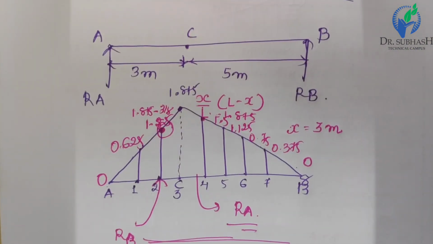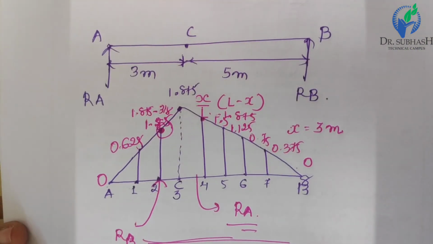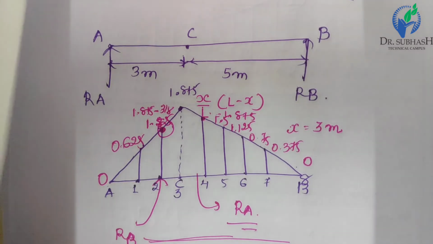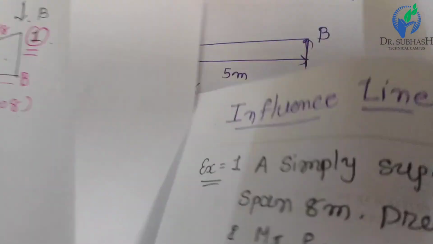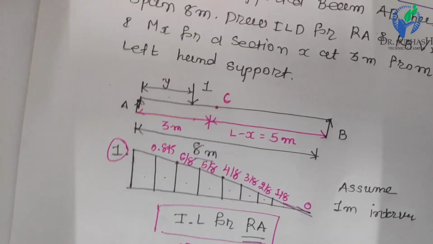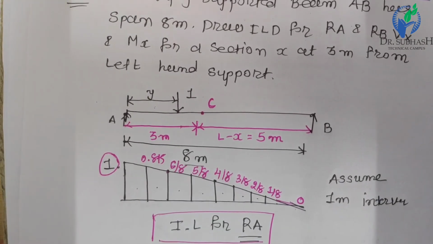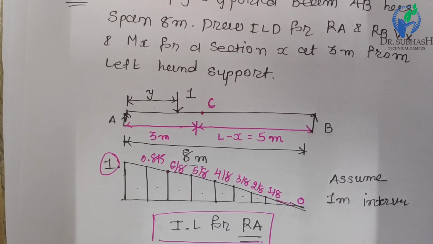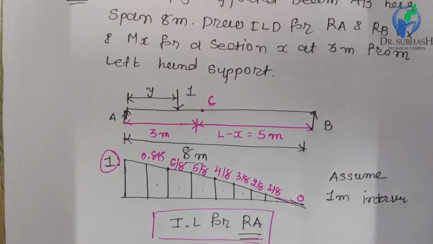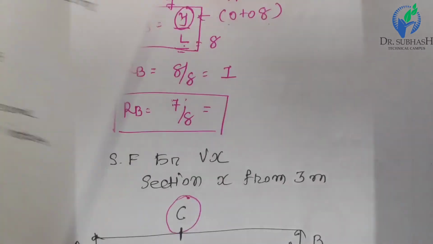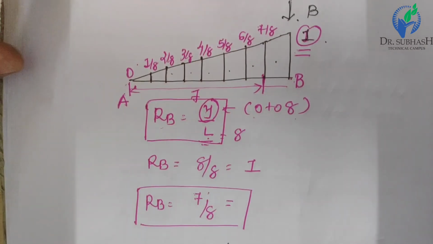Likewise, we analyze the influence line diagram for different beams also. So what should be the first step? I will give a revision of this. This data is given. First of all, we draw the influence line diagram for RA. For that we use the equation L minus Y upon L. Then we draw the influence line diagram for RB.